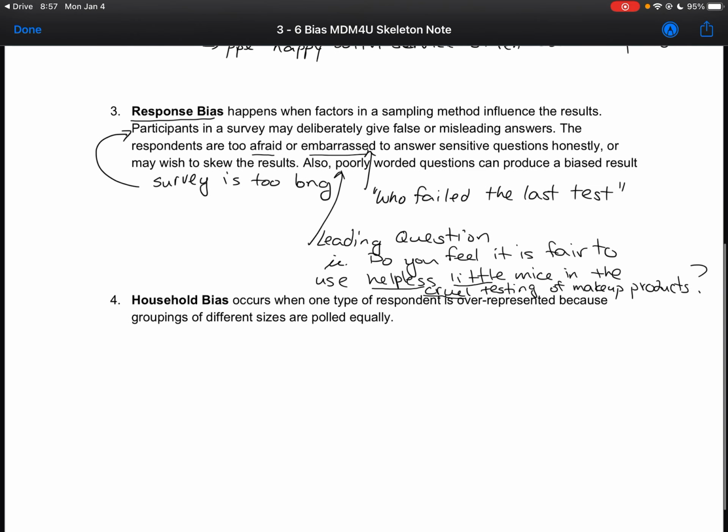The last type of bias that you should be familiar with is household bias, and this occurs when one type of respondent is overrepresented because groupings of different sizes are polled equally.